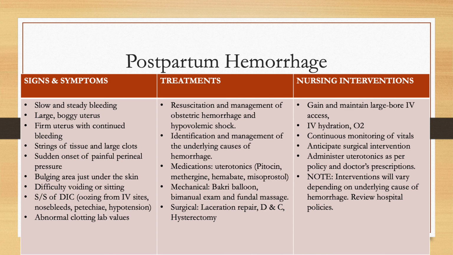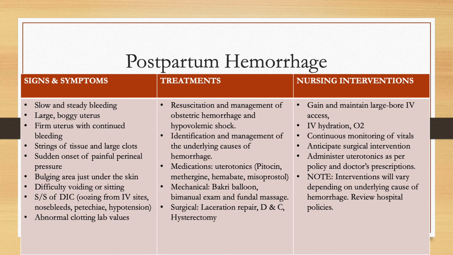Medications, we're going to use Pitocin, Methergine, Hemabate, Misoprostol. Mechanical methods that we utilize, a lot of times the Bakri balloon, bimanual exam and fundal massage. Many times all you require is laceration repair. Sometimes we require a D&C. And in serious or severe cases where we're not able to stop the hemorrhage and we can't identify it, many times the doctor will decide to do a hysterectomy.